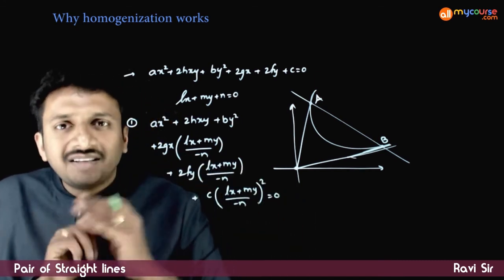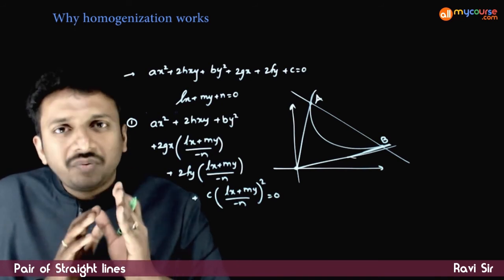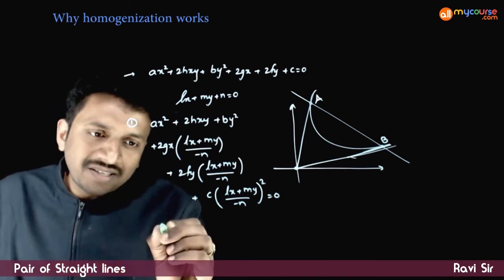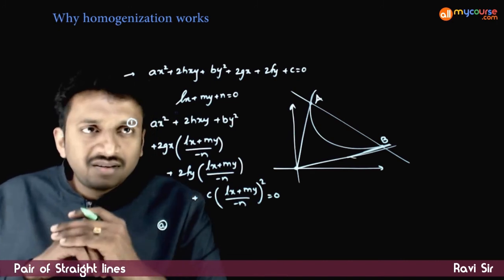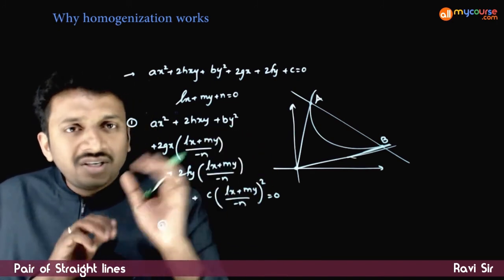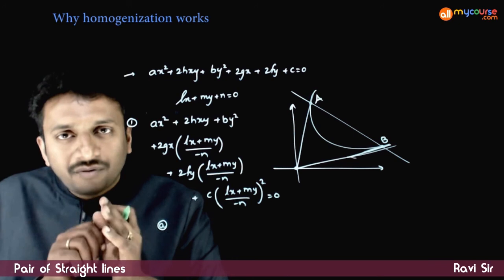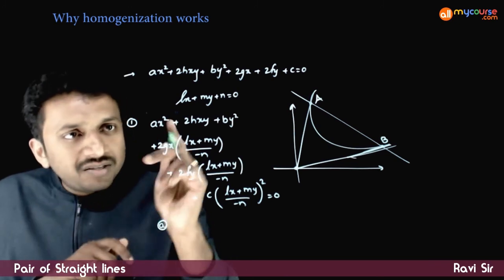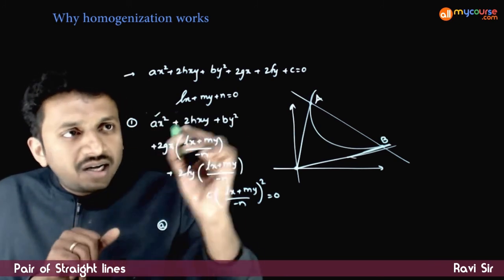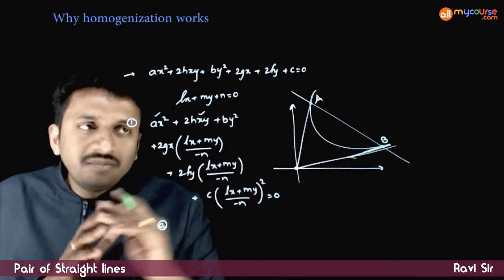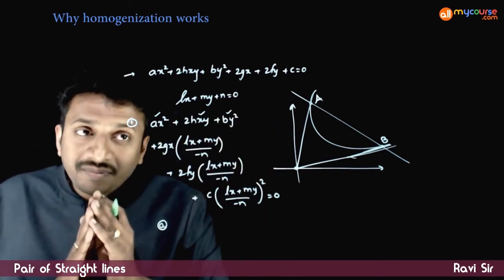So let us first consider this equation. Let us see what this equation represents. The first thing that you need to observe is this is a homogeneous equation in x, y of degree 2. Because if you see every term, this is a quadratic term, this is a quadratic term.